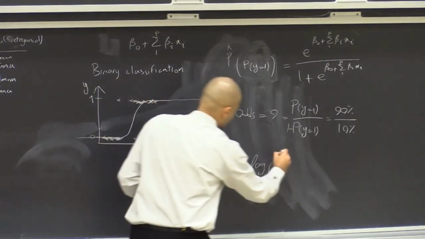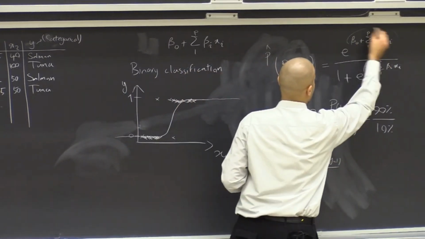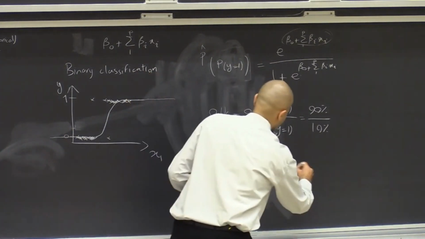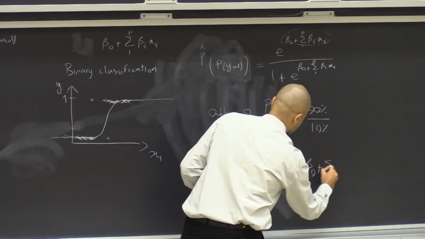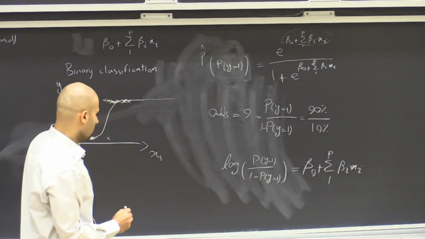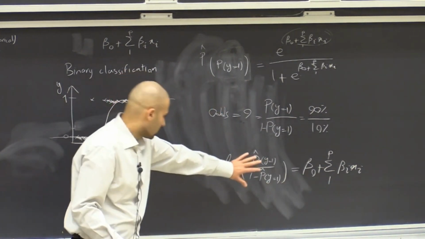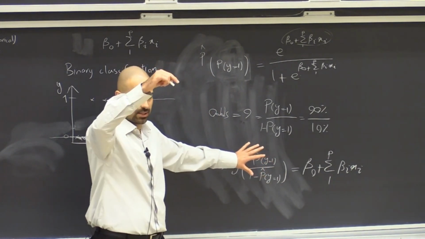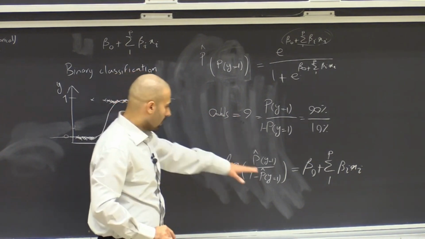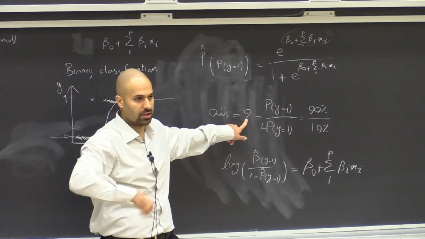It's the log of odds that we estimate using the direct linear term. So this thing then becomes estimated as beta 0 plus the sum of beta i x i from 1 to p. So these are equivalent. We either estimate the log of this weird thing, which is the odds of the class that we want. And for predicting odds of something, as it is 9, it's not a percentage anymore, so we can just use normal linear regression because we're trying to estimate 9 or some number, which is okay.